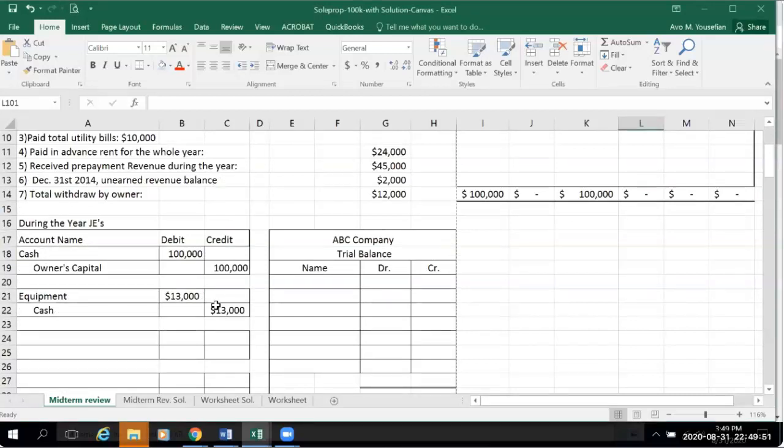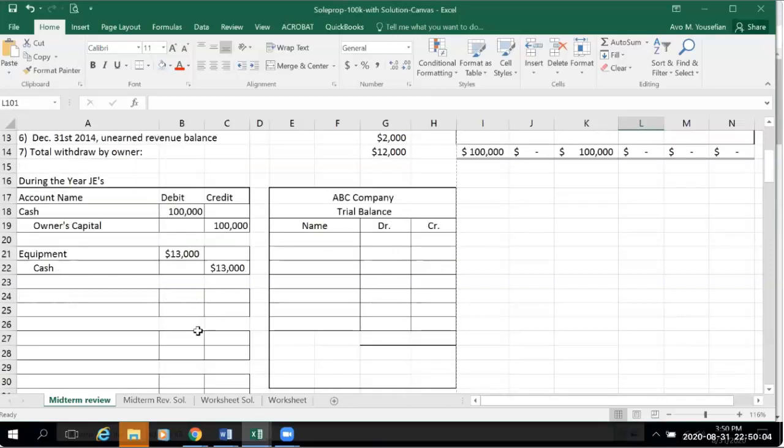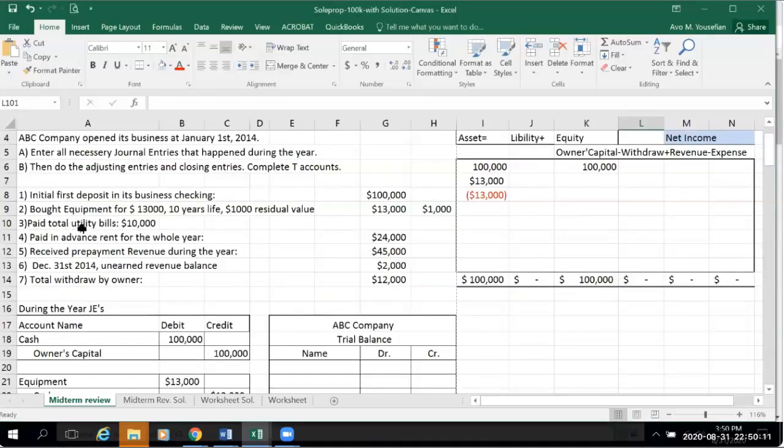Owner's capital is the same, at this moment, till the end of the year. At the end of the year, owner's capital will get updated. It might go up, it might go down, depending on the situation. For now, the third one says paid utility bill for $10,000. Okay, $10,000.